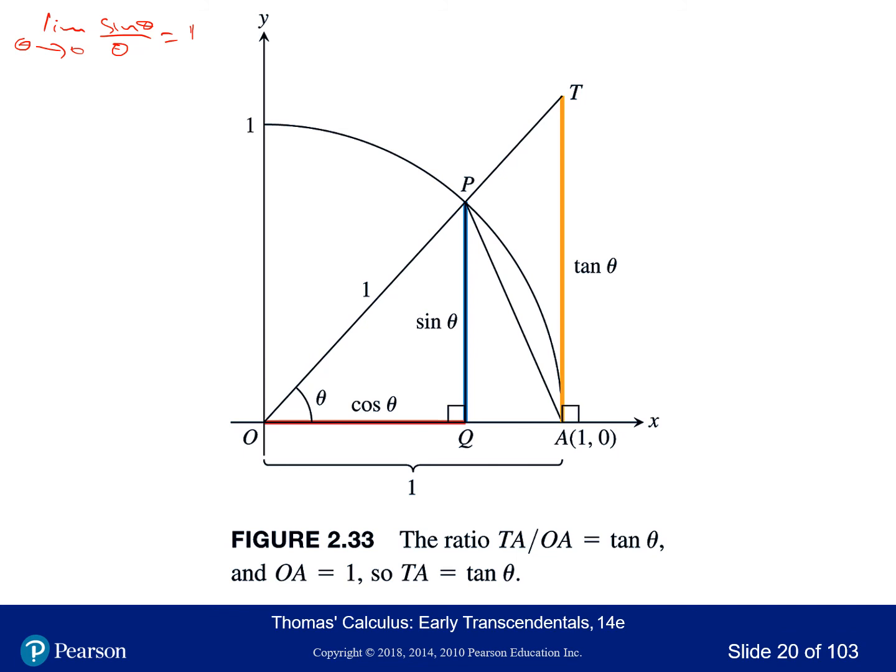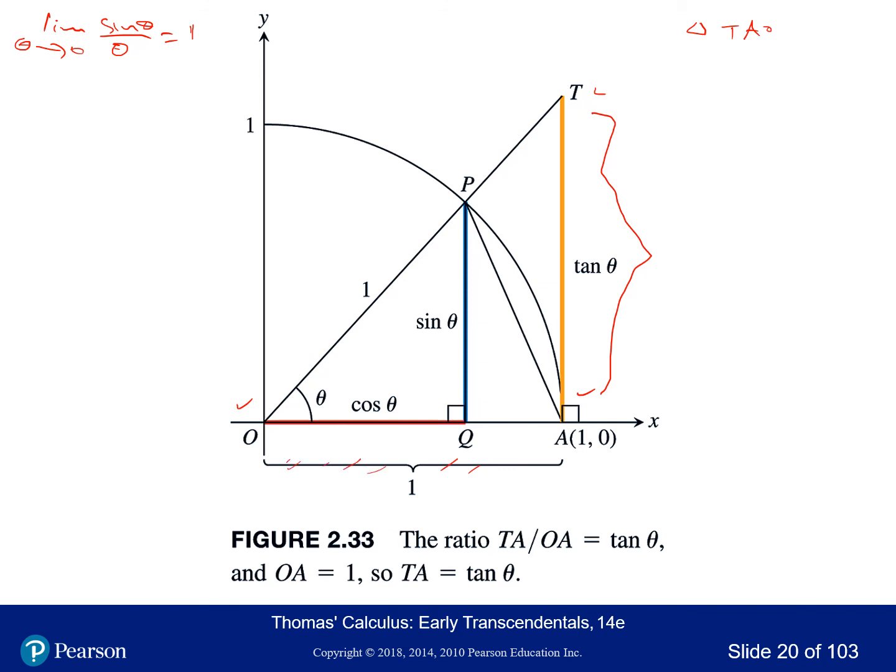Let's study one at a time. We want to look at the triangle T A O, where this is T, this is A, and this is O. So this triangle, if we want to get its area, we're going to go through this. This is the height, and this is the base.